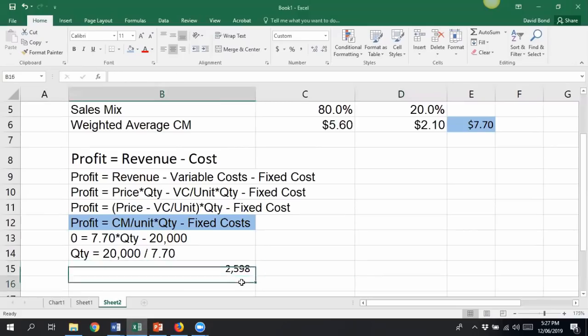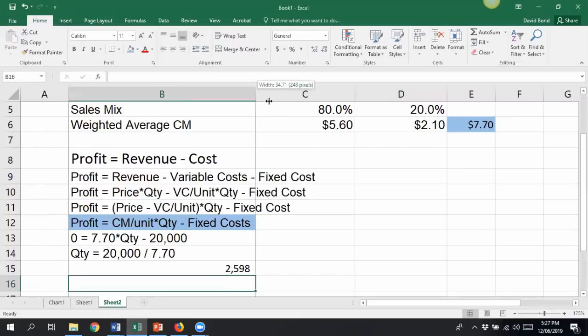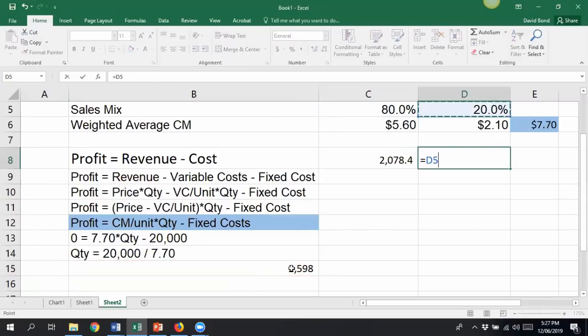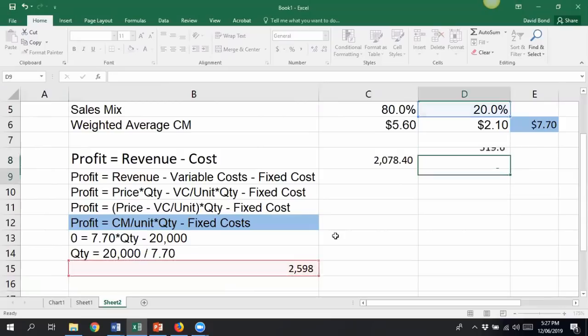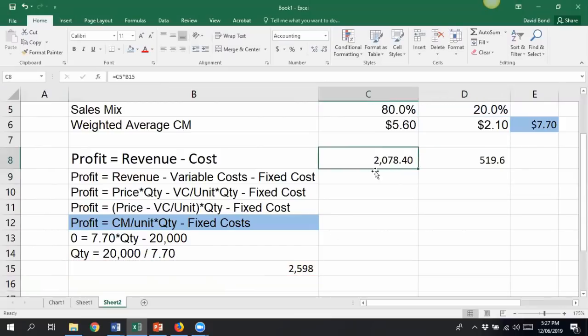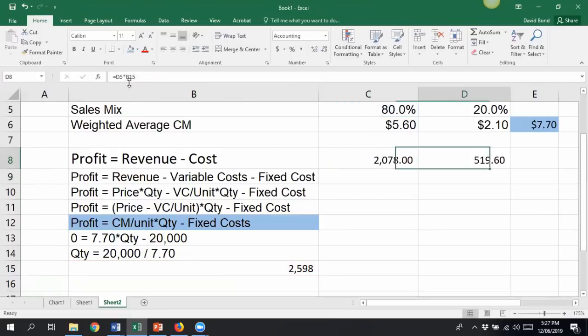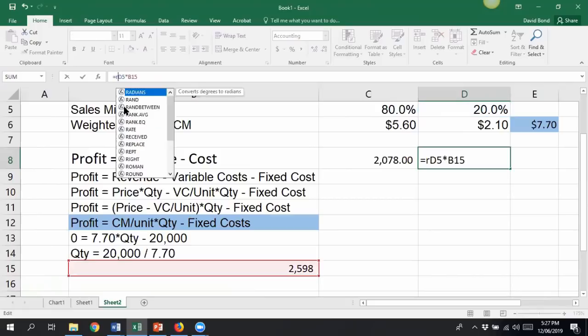So to do that, let's give ourselves some space here. So equals, this is where it gets a little bit fiddly, but that's all right. So that doesn't quite work. So we'll round that.